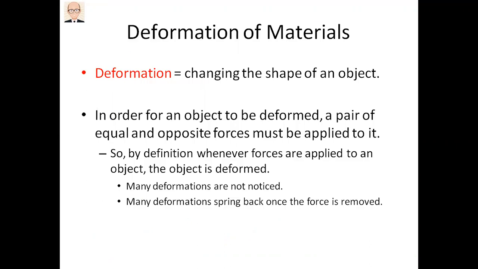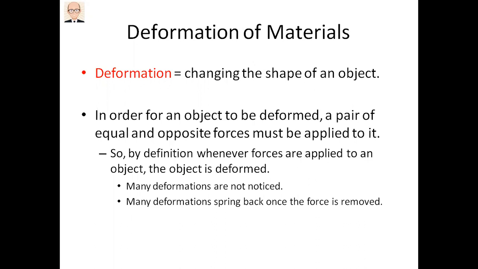Deformation of materials. Deformation means changing the shape of an object. In order for an object to be deformed, a pair of equal and opposite forces must be applied to it. By definition, whenever forces are applied to an object, the object is deformed.